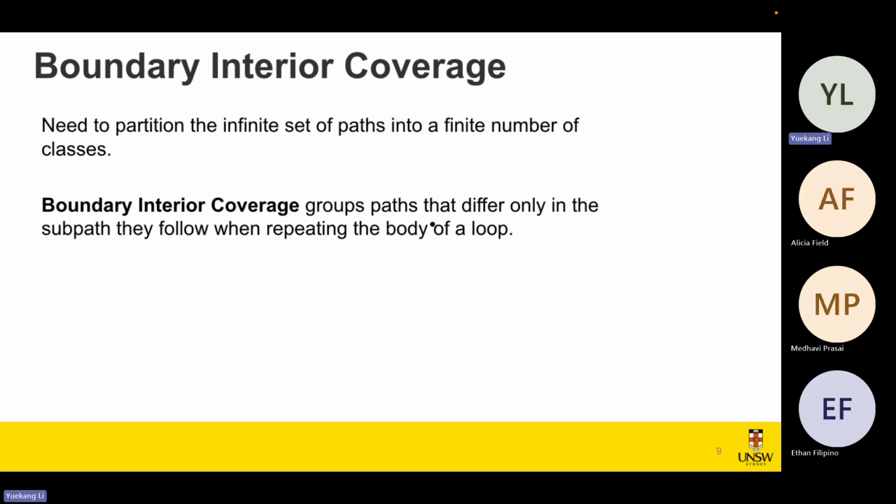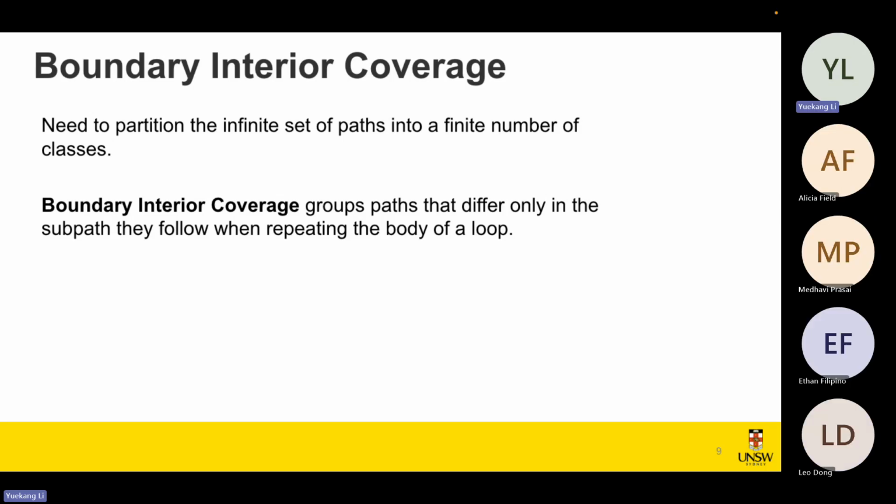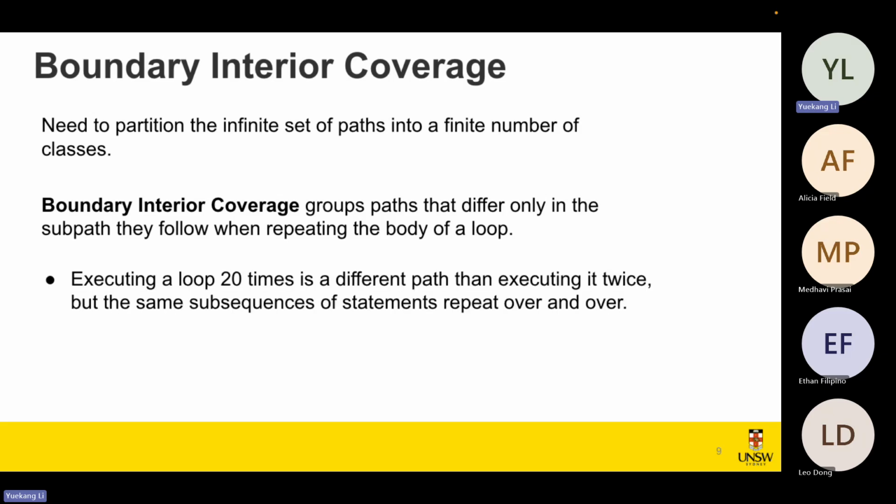In boundary interior coverage, instead of creating a new path every time we loop back, we just care about getting inside the loop once. We just need to cover all the subpaths inside the loop once, and we don't care about expanding the path by looping back. So this is a key idea.